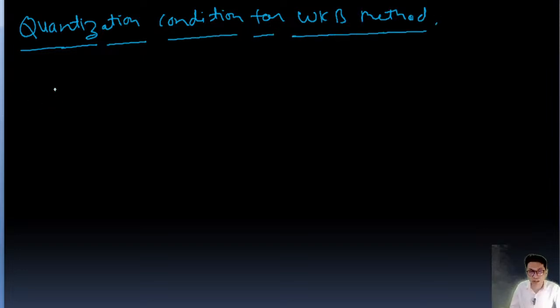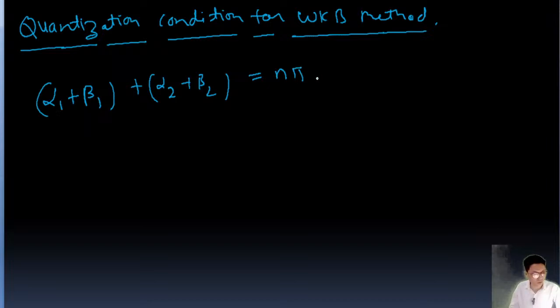So that is alpha 1 plus beta 1, plus alpha 2 plus beta 2. This value is going to be n pi, and here n starts with 1, 2, 3 and so on. We'll put the values. So this is going to be 1 upon h cut integration, alpha value we know, right?